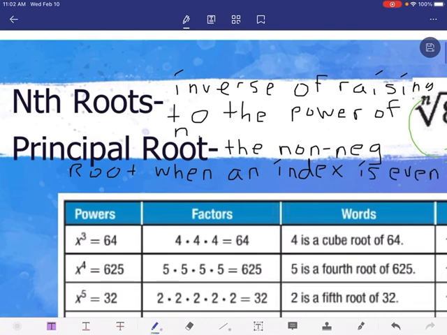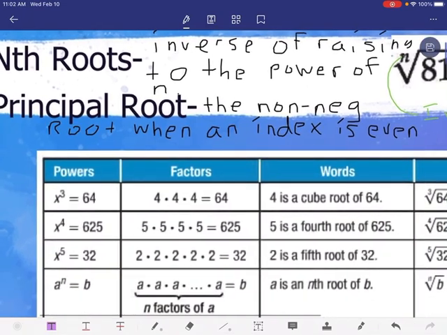Because if we think about it, like with our square roots, 2 times 2 gives us 4. So if I had the square root of 4, it would be 2. However, negative 2 times negative 2 is also 4. So if I took the square root of 4, we could technically say that it's 2 or negative 2. However, when we're talking about even roots, we want to be dealing in our real numbers. So we're going to stick with our principal roots, which will be those positive roots.